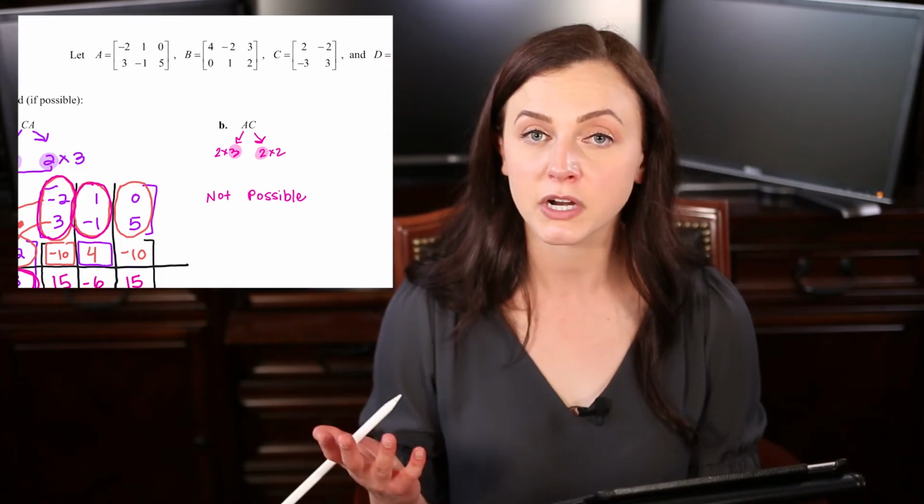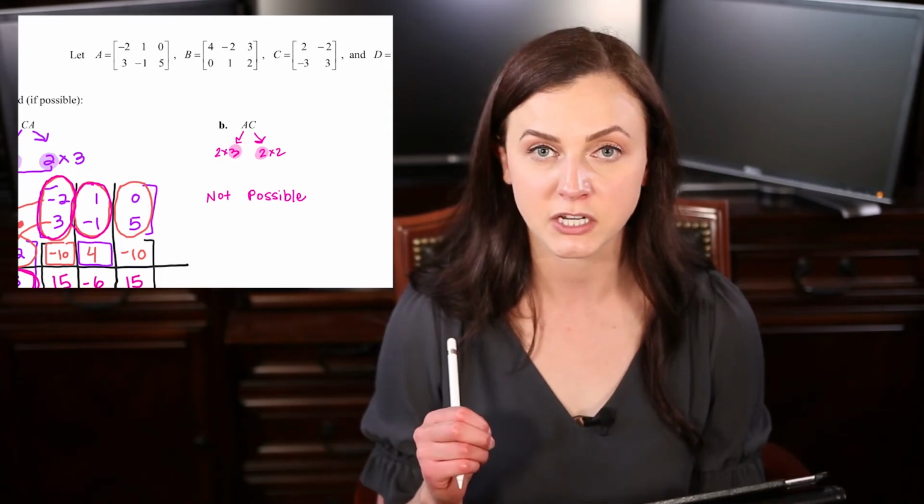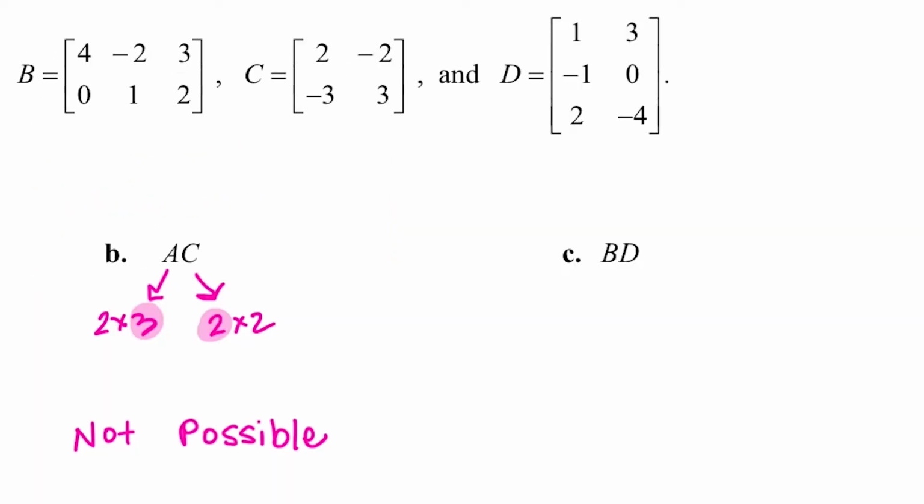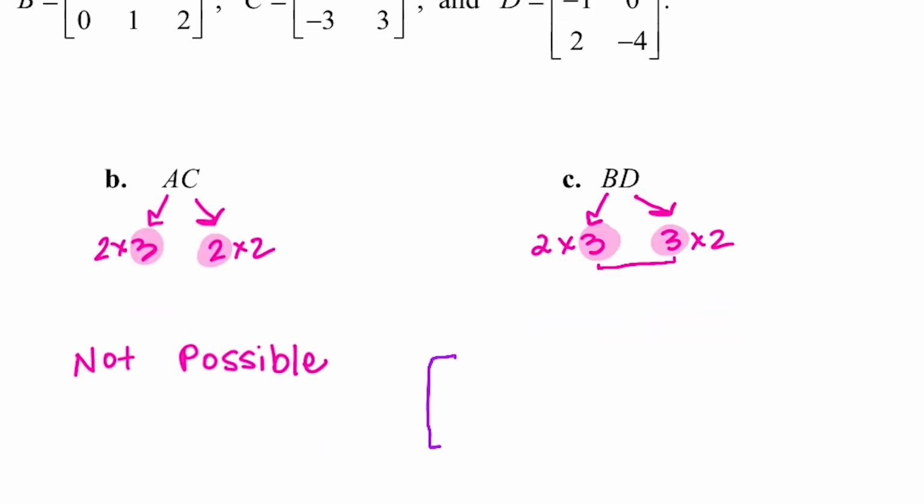I'm going to do one more example with you for matrix multiplication, and that is B times D. Let's check those sizes again. Matrix B is a 2 by 3 matrix, and D is a 3 by 2. So these two matrices can be multiplied together because these two numbers are the same, so we are good to go. So matrix B, I'll write that a little bit lower.